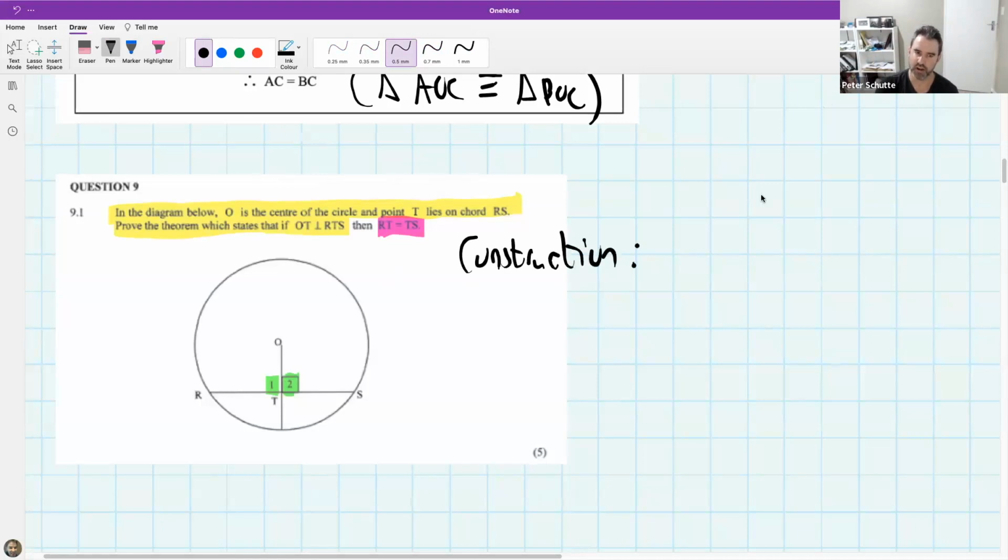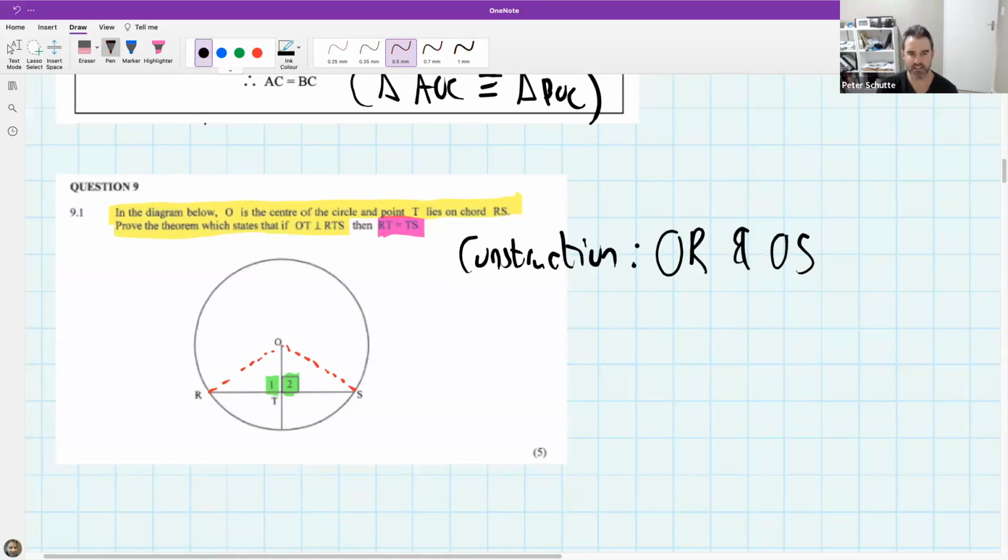So construction, what do I construct? I'm going to construct OR and OS. Notice how they use different variables here. To construct OR, you need to be comfortable with the process. So I construct OR and OS.